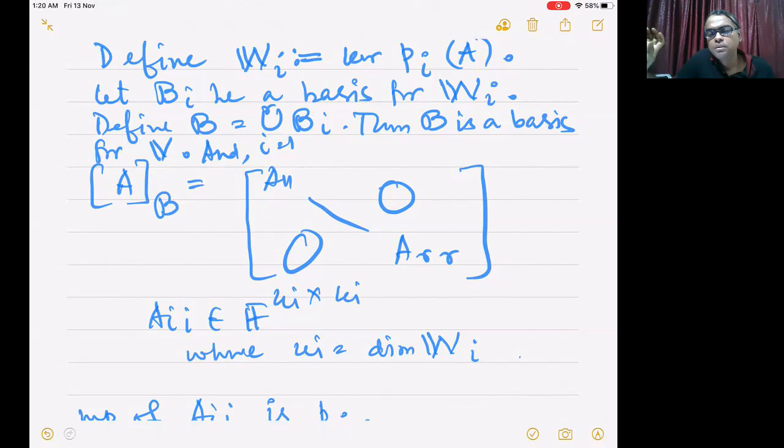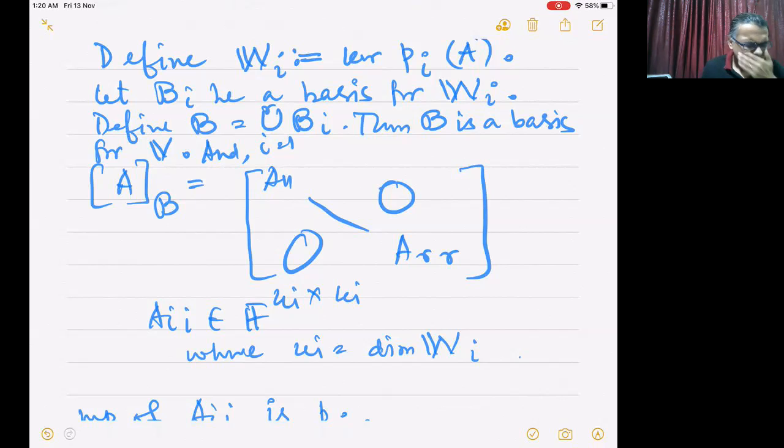This reminds us of prime factorization of positive integers, which can be factorized into prime powers, where the primes are distinct. So when we have distinct primes, that means they're mutually co-prime, pairwise co-prime, right?